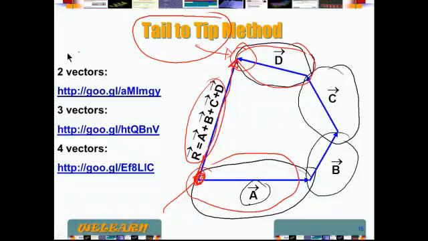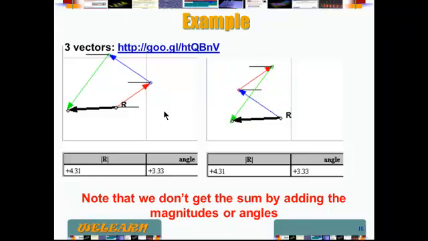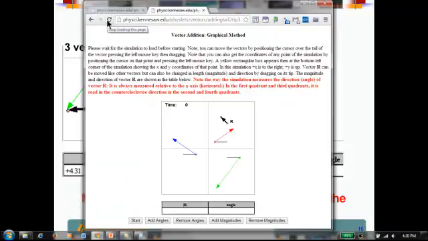Now here I have three simulations that you can use to play with this. In the next screen, I will play with this one here. You can have more fun with the other two if you want to. Okay, so let me pull it in. Here's the simulation.